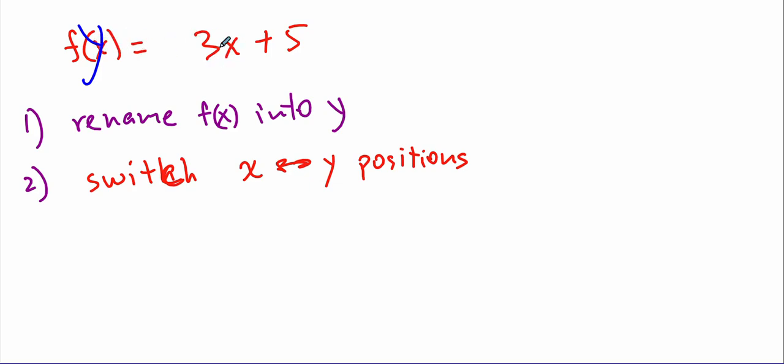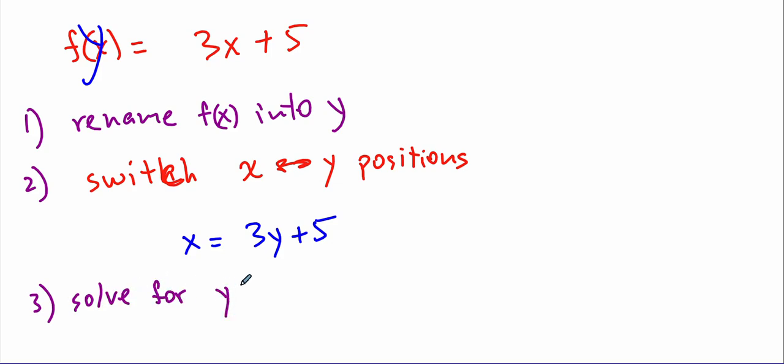So I'm going to change my x and y positions, and this is going to be x equals 3y plus 5. So that's my second step. My third step is actually to solve for the y value.